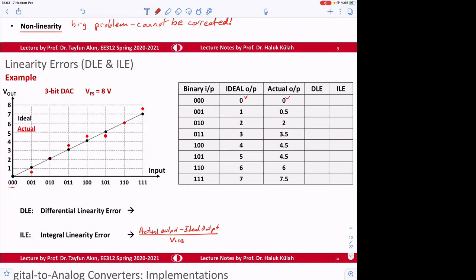Here, for this circuit, LSB is 1 volt, so this is easier for us to calculate. VLSB is 1 volt, right? This is 8 volt divided by 2 to the power 3, the full scale. So the integral nonlinearity error here is going to be 0 volt. That means 0 LSB.